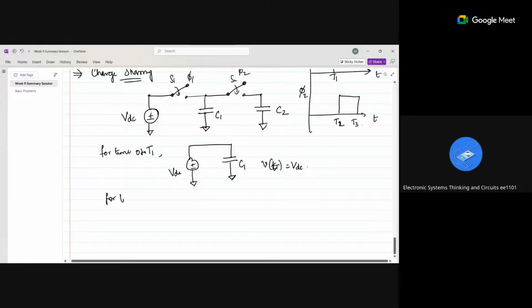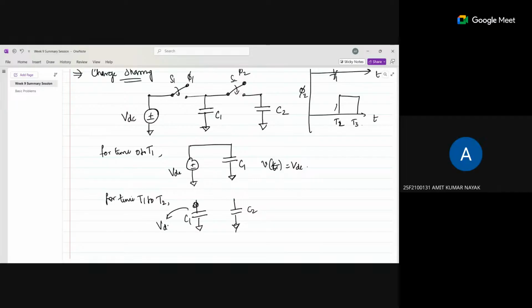From time T1 to T2, both the switches are open, right? Only C1 is standing alone, C2 is standing alone. What is the voltage stored in capacitor C1? It's VDC. Whereas in C2, it is 0.